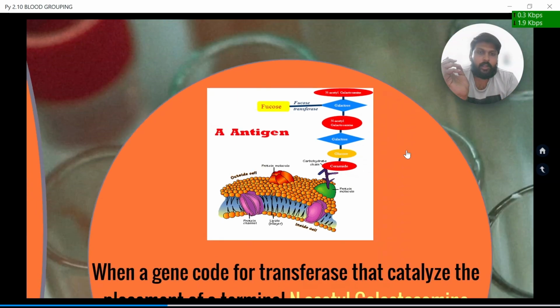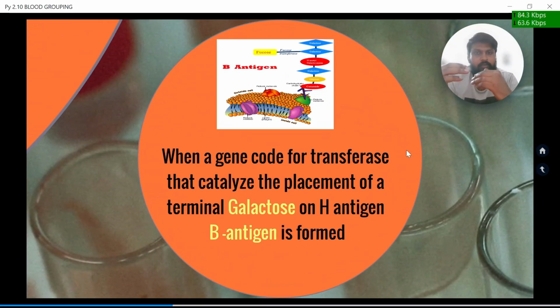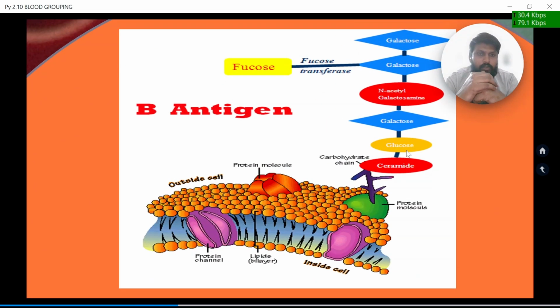Instead of this N-acetyl galactosamine, if the gene is coding for a transferase enzyme which is putting galactose on top of this H antigen, then this becomes B antigen. So same ceramide, galactose, N-acetyl galactosamine, you have another galactose here which is attached to fucose. Till this makes your H antigen. On top of this, you have an enzyme which is adding another galactose.